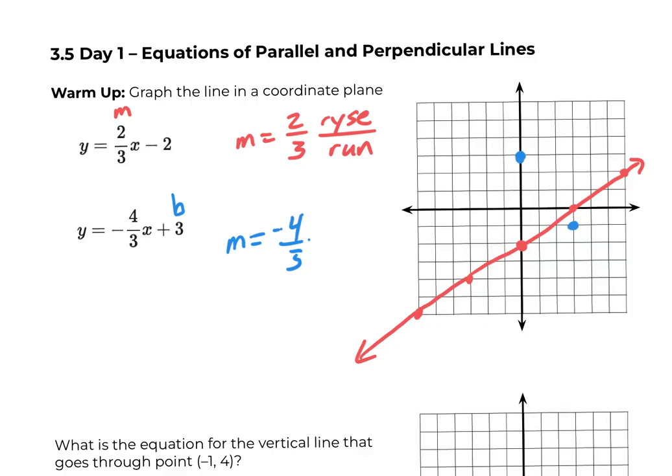And once again, you could do that as many times as you want. I could also go up 4 and left 3, but all we really need is 2 points. And there is not the best line, but we get the idea.